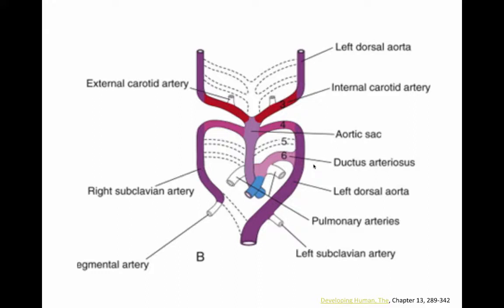And as this takes place, if you glance from far away, we can see what's happening. We're going to see disappearance of some of these arches, be it right or left, and then forming, again, this arterial trunk.